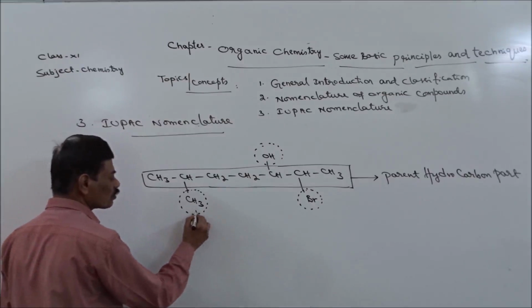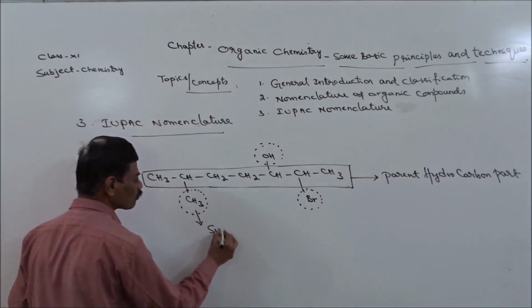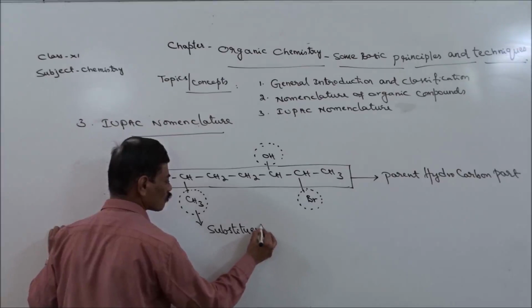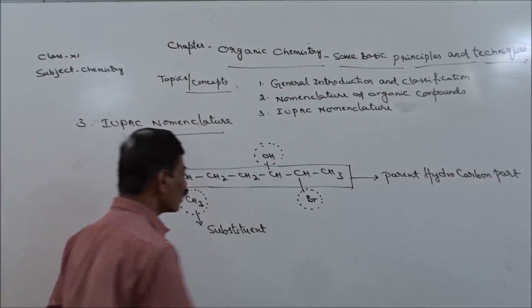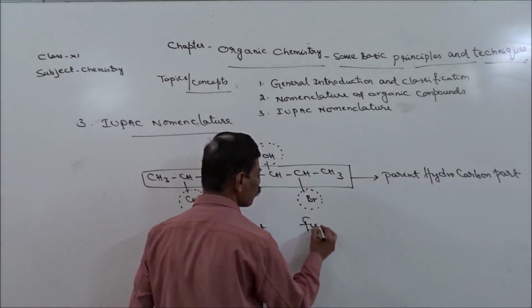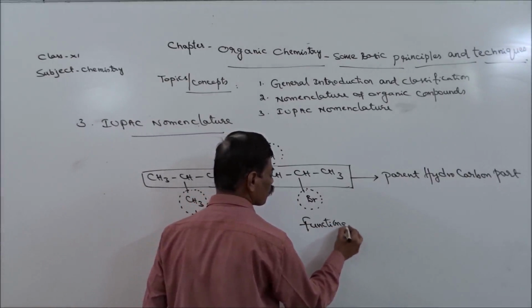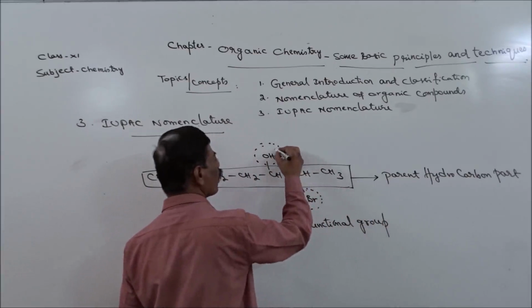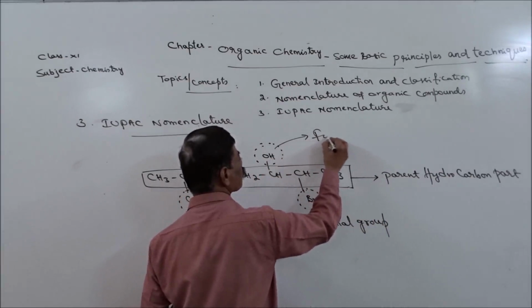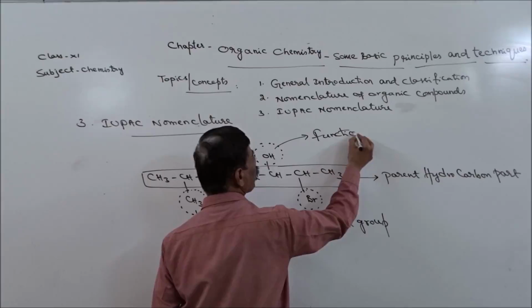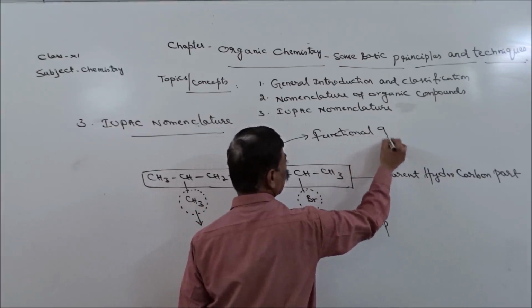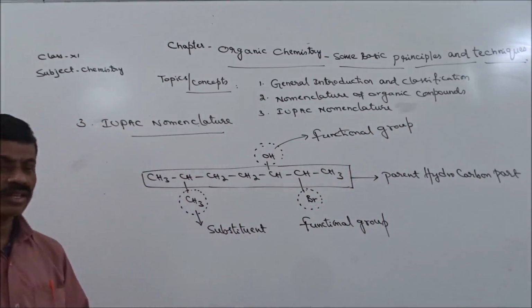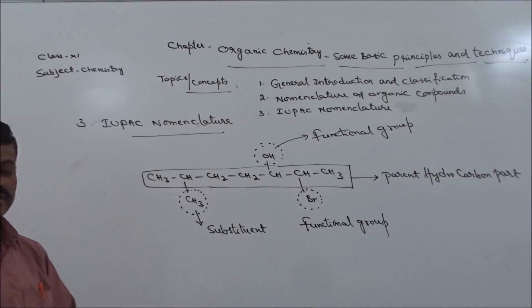So, this is a substituent. And Br is a functional group. And OH is also a functional group. So this is what you need to remember, children.